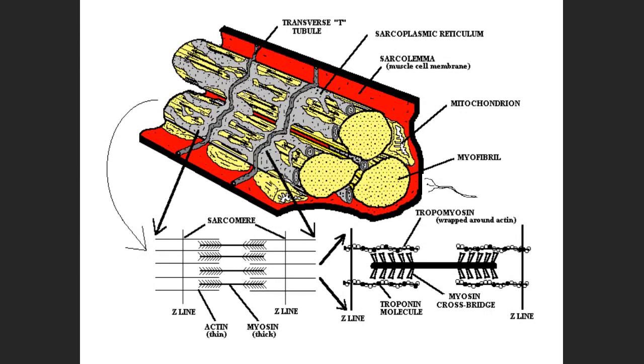The myofibril, that's the key. Now you got 3 of them in there. They're yellowish in this picture. They're not really yellow. I just colored it to make it look like you can see them better. But if you look at the T-tubules, underneath each one of those, now you can't see it, but underneath each one of those is a wall. Each myofibril is broken up into sections, kind of like classrooms.